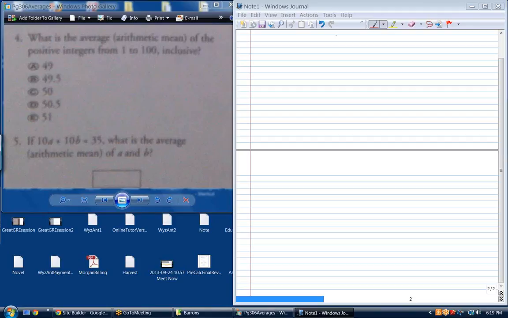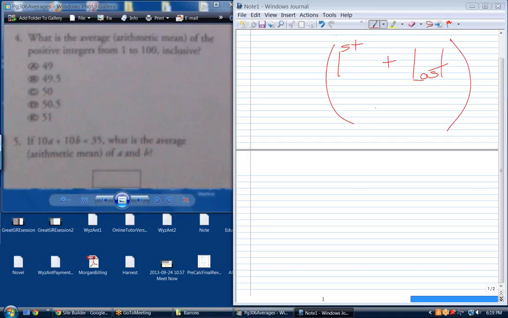Yeah. Well, I think that would be the first term plus the last term. So it would be 101 divided by 2, times 50. Why would it be times 50?